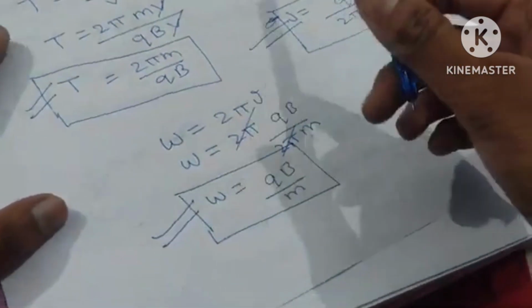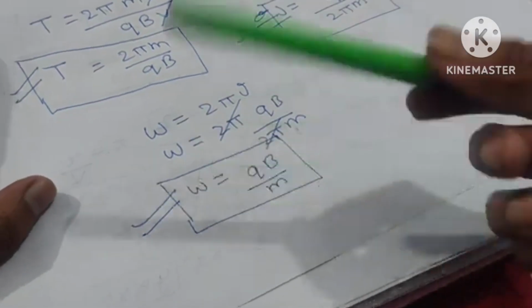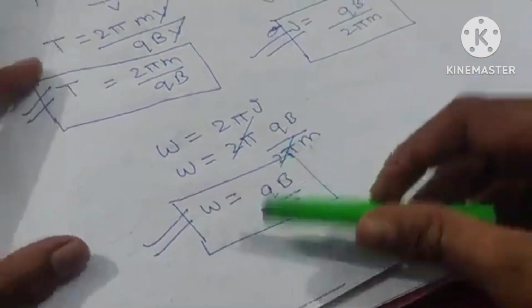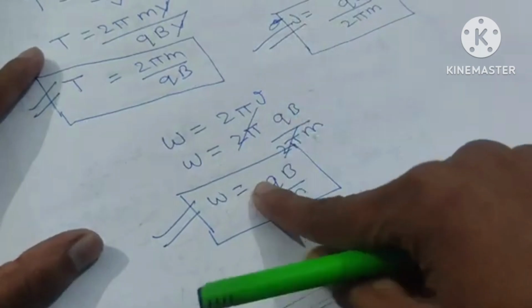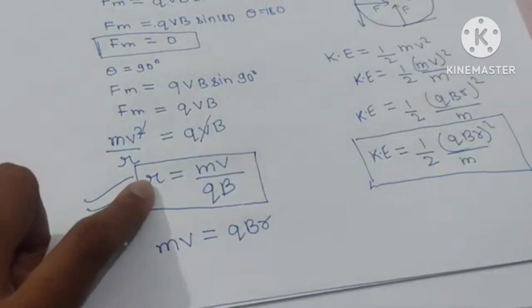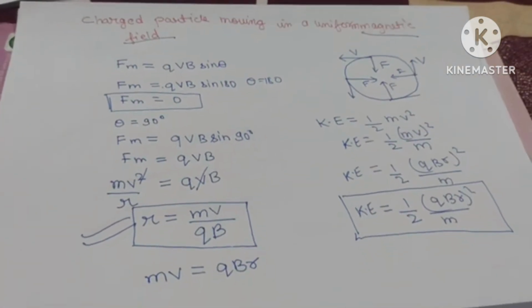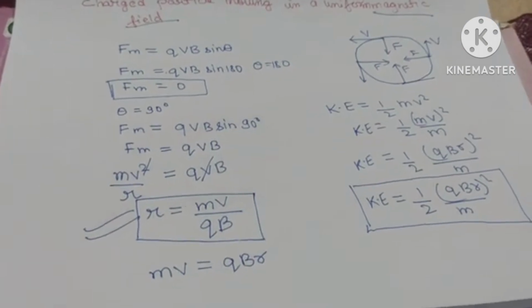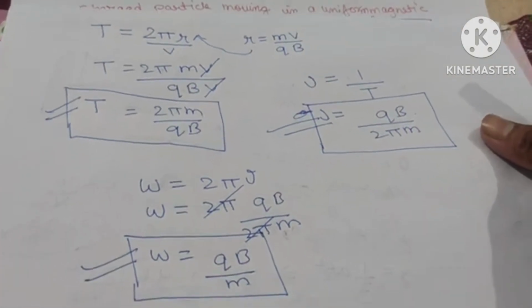Angular frequency is also called the gyro frequency. So we found the time period, frequency, angular frequency, radius, and kinetic energy. Look at these equations. So we are done.